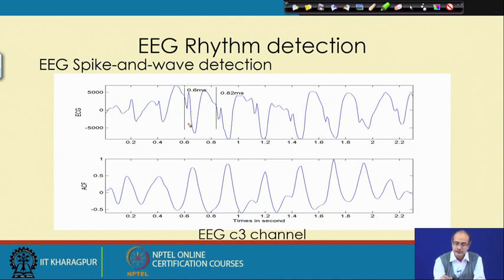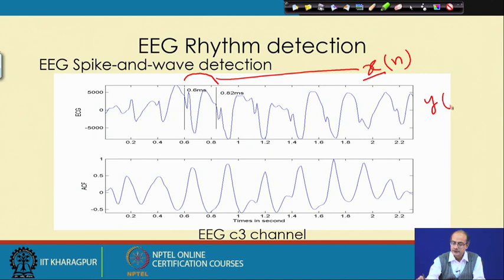Using that as a template, this part is taken as our x n, that is giving us one signal, and the overall signal C3 gives us that y n vector.